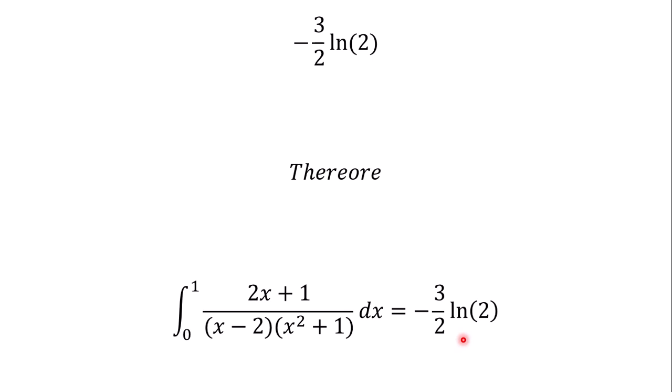You don't put any x equal to or any theta is equal to blah blah blah to find any numerical value. Okay, so this one we will not add our plus c to it. So this integral here is equal to minus 3 over 2 natural log of 2. All right.